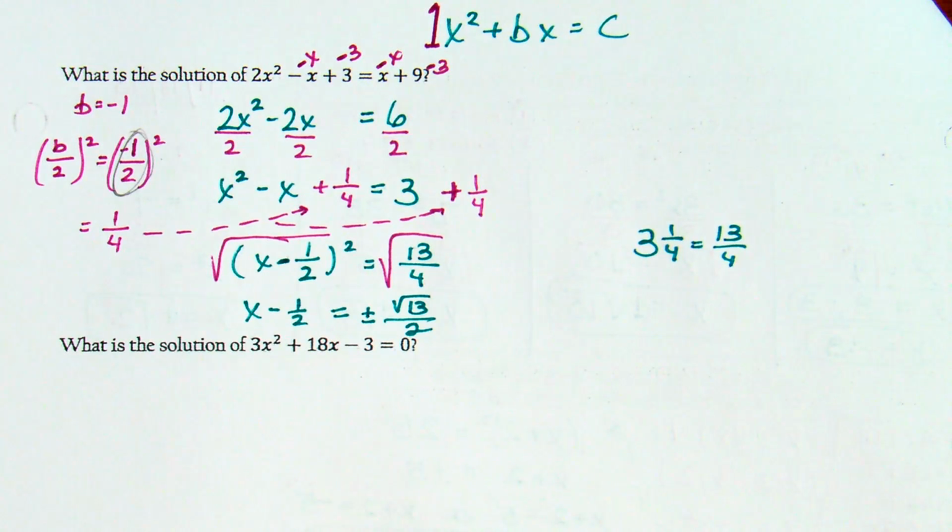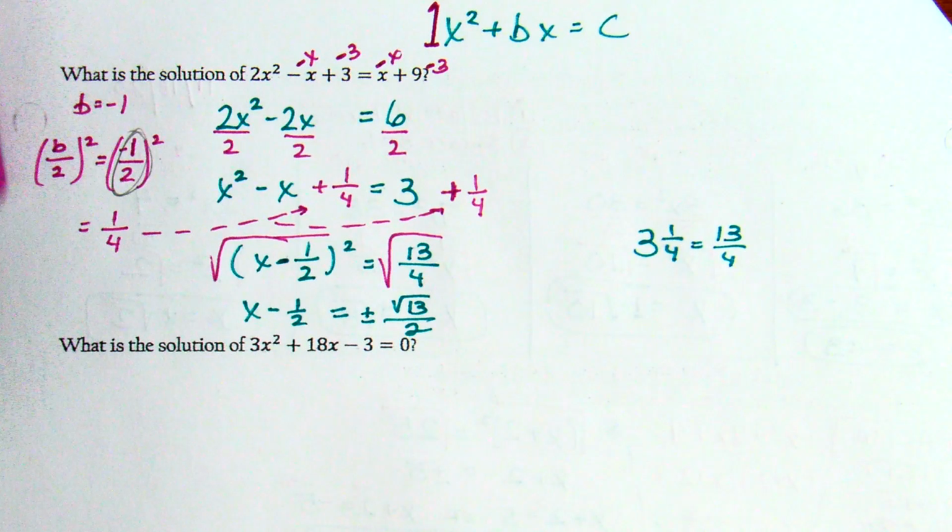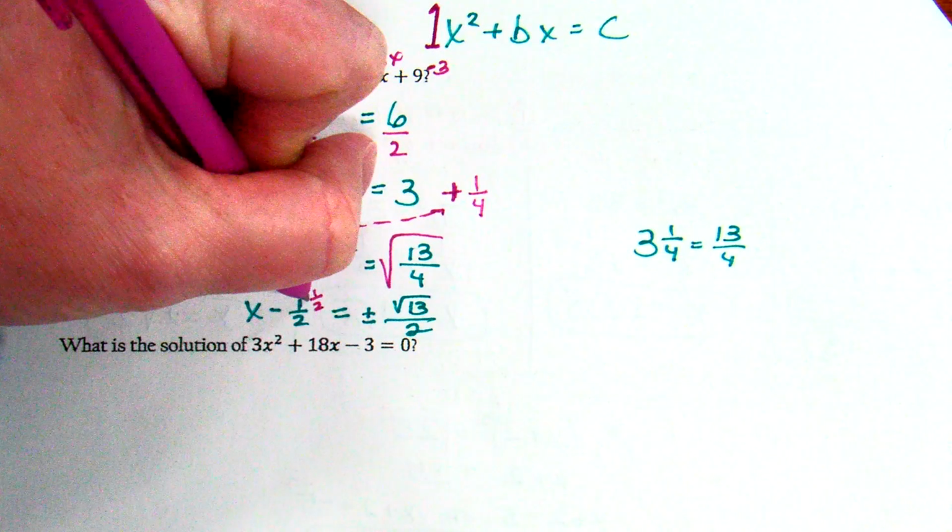What's step 5? Solve for x, please. Jameson, how do I solve for x? Let's focus and finish this one. How do I solve for x here? If it's x minus 1/2, we're going to add 1/2.